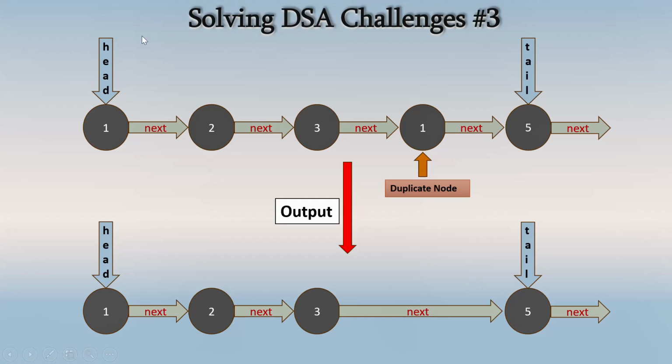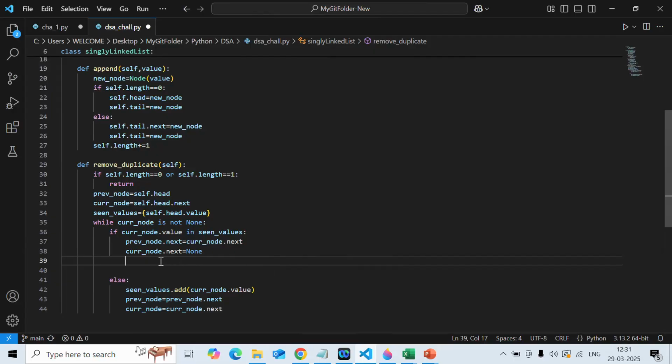But this time, previous node should point to the same node. We just have to move the current node pointer to its next node, so that in the next iteration, current node will become 5, and previous node will stay the same as earlier, which is 3. So we don't have to do anything with previous node. We will just move the current node pointer to its next node.